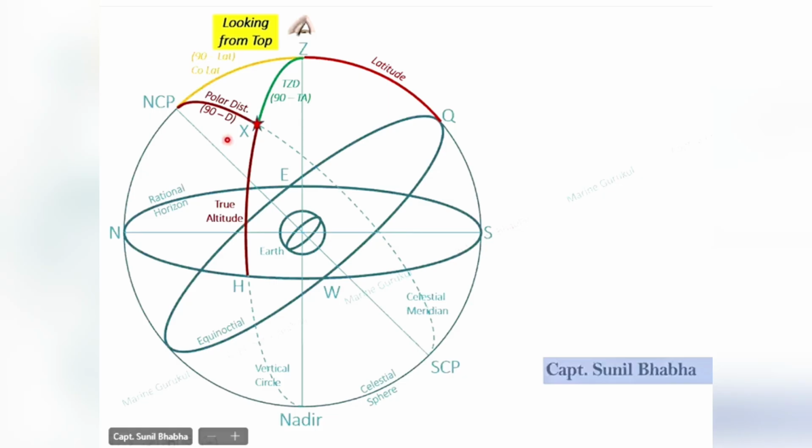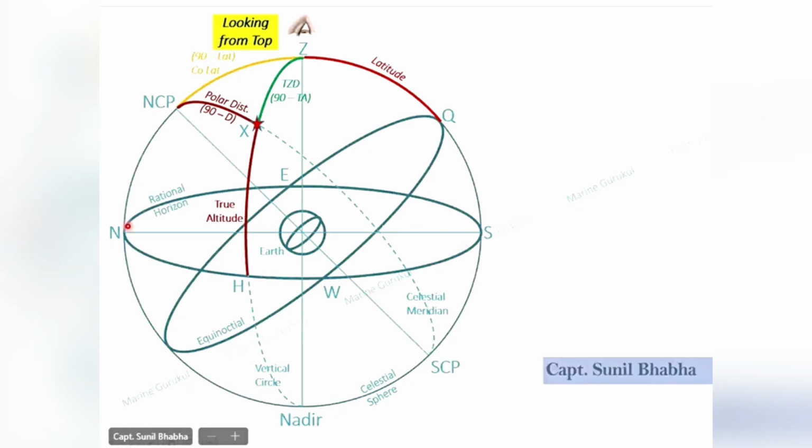First of all, we are only interested in that part of the celestial sphere which is above the rational horizon. That means this particular part, which contains the PZX triangle also. We are not interested in the bottom part of the celestial sphere that is below the rational horizon, because that in any case will not be visible to the observer.